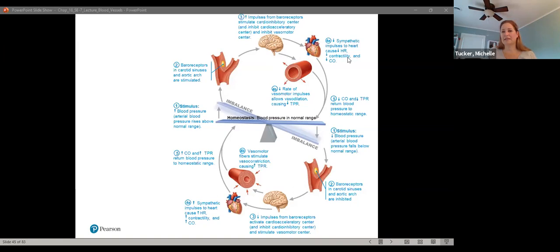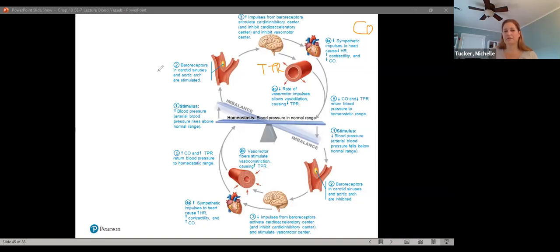This is at the same time. So we have those short-term neurocontrols of total peripheral resistance and cardiac output. Short-term neurocontrols affect both.